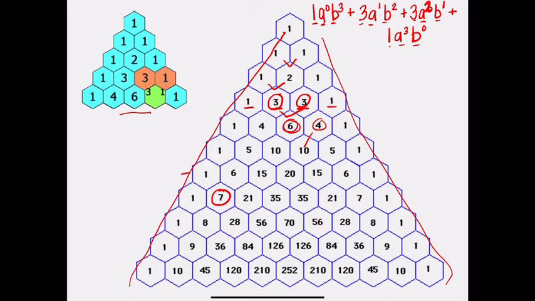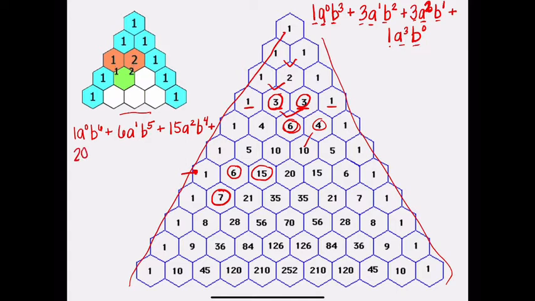If we were doing one in this row and you were generating that expression, you would do 1, a to the 0, b to the 6, plus 6, a to the 1. We're going to step a up, and we're going to step b down, okay? Plus 15, we're going to step a up to the 2 and step b down to the 4.